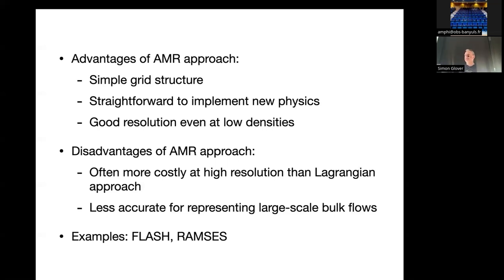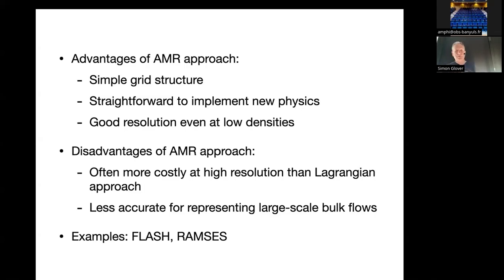And this gets worse the larger the velocities are. If we're having to represent a bulk flow, then you potentially have lots of this flow from cell to cell in an Eulerian code. So lots of opportunities for errors to come in, which you can avoid with the Lagrangian method where your entire grid is moving at that bulk velocity.